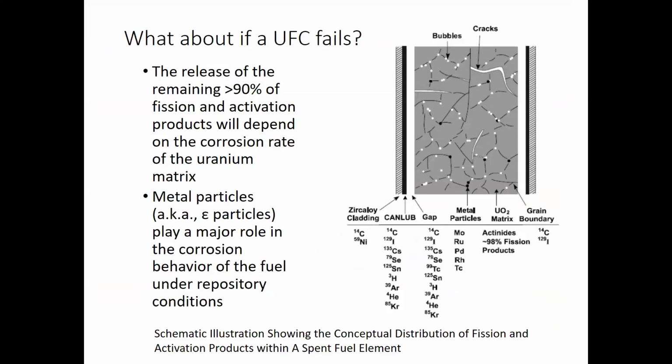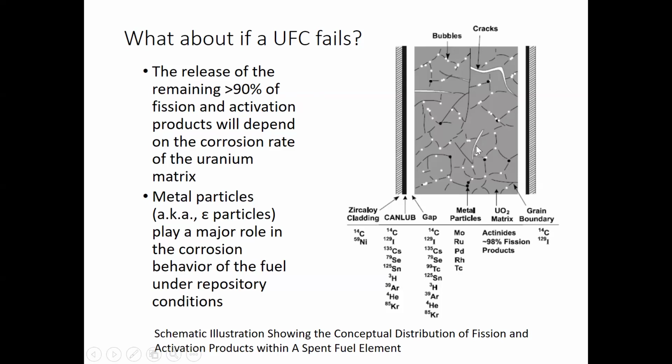Okay, so what if the used fuel container fails? What about the fuel itself? When it comes to the fuel, the release of over 90% of the fission and activated products will depend on the corrosion of the uranium matrix.